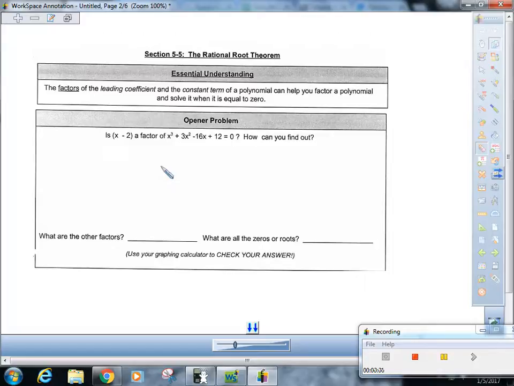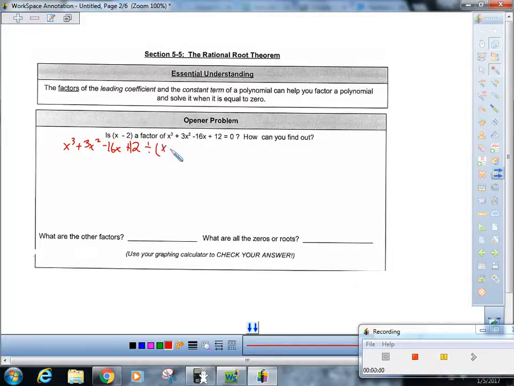Anyone remember the process of doing x cubed plus 3x squared minus 16x plus 12 divided by x minus 2? Remember how to do this with synthetic division? I wouldn't expect you to completely.